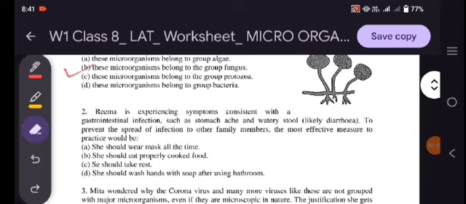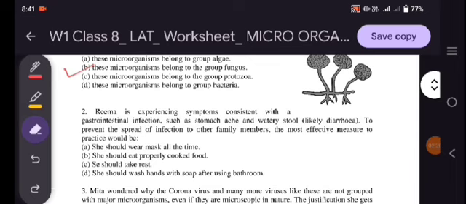Rima is experiencing symptoms consistent with a gastrointestinal infection, like the problems we face with gas in our body, such as stomach ache and watery stool like diarrhea.